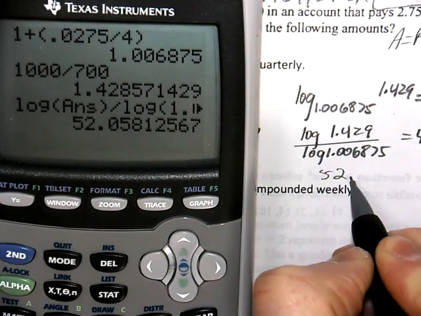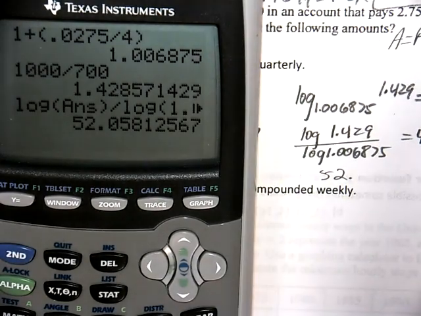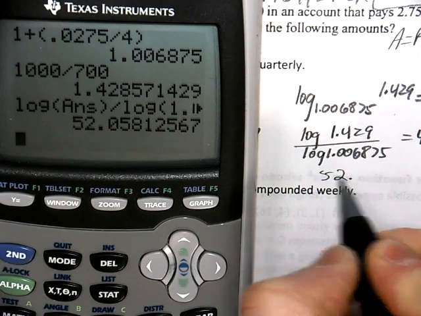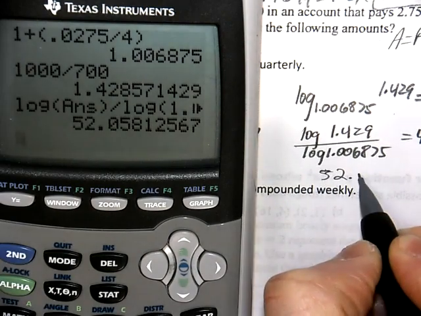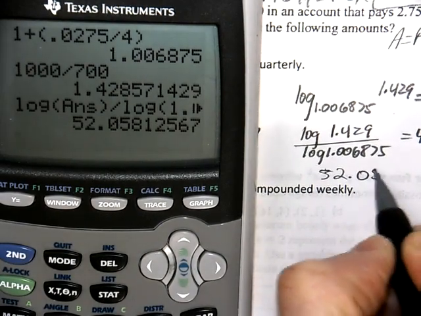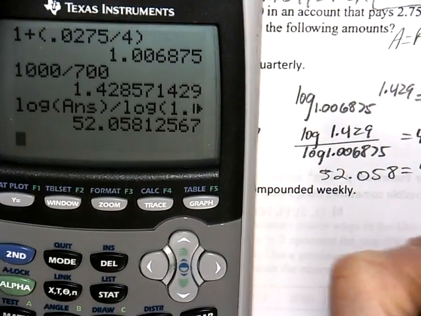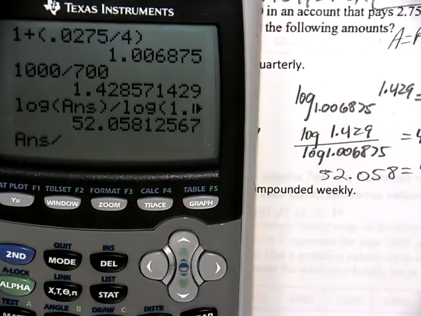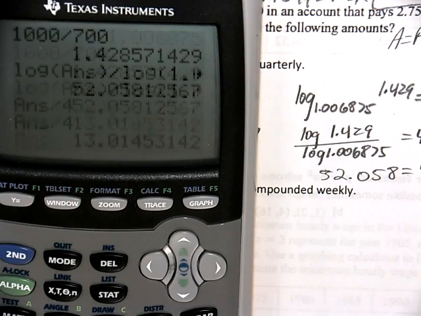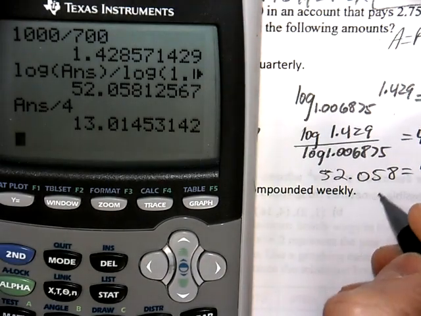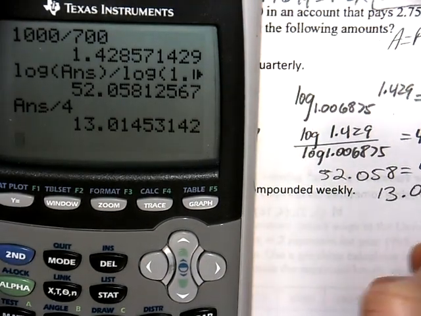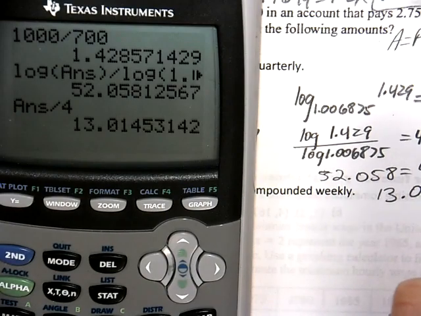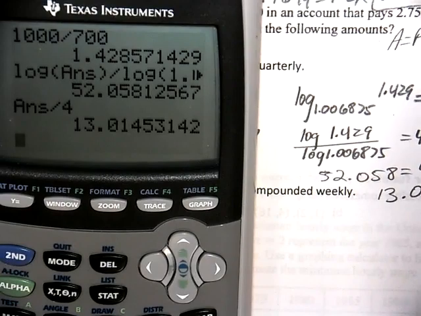We get 52.058. We divide that by 4, and we're going to get 13.01 equals t. So about 13 years.